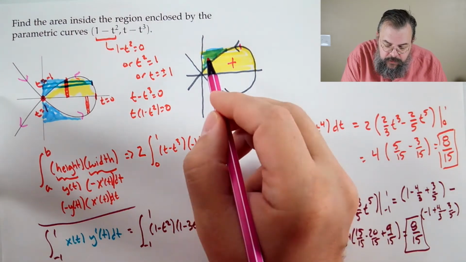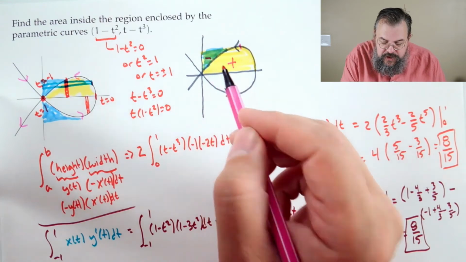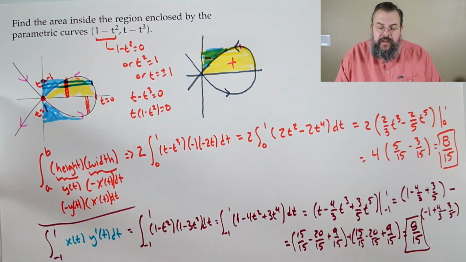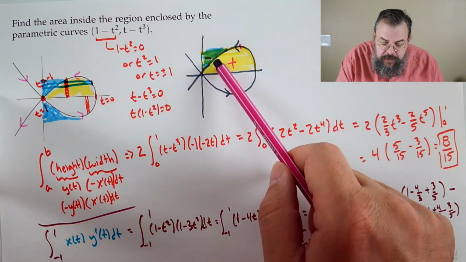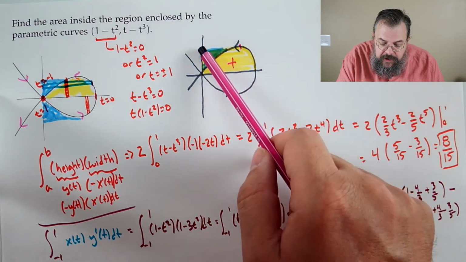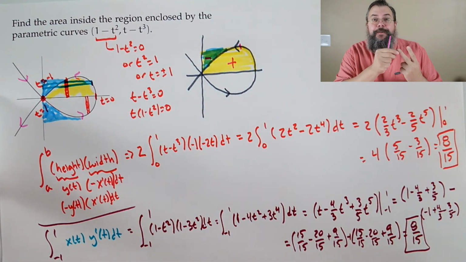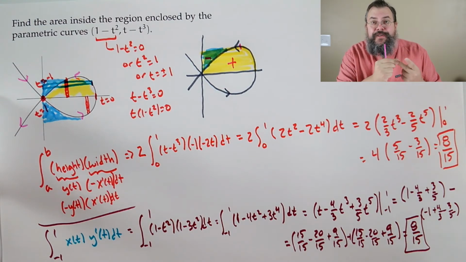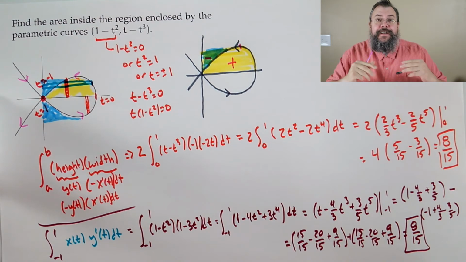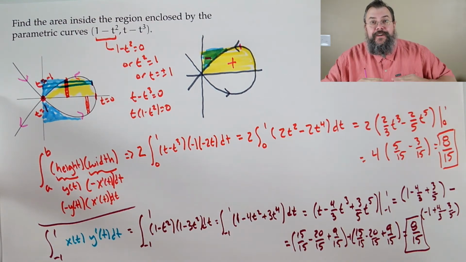So this will be a negative contribution. Notice that this piece of area ended up being computed twice. One time, we got a positive contribution. The other time was a negative contribution. They cancel each other out.